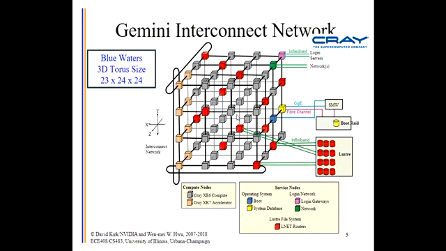What that means is that each node is only connected with 6 neighbors: 2 up and down, 2 front and back, and 2 left and right. If you want to communicate from this node to something farther away, you have to go through other nodes. So some of the messages could be going through other ranks.